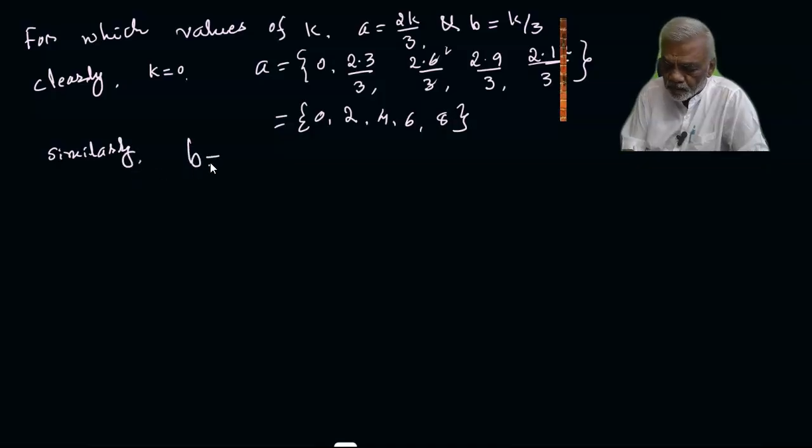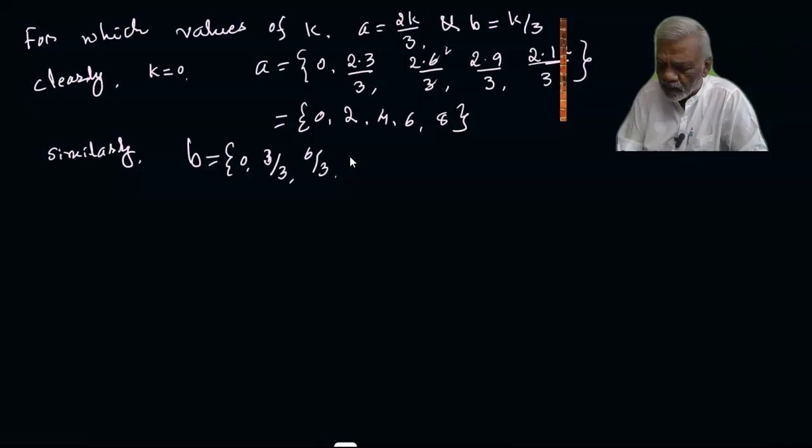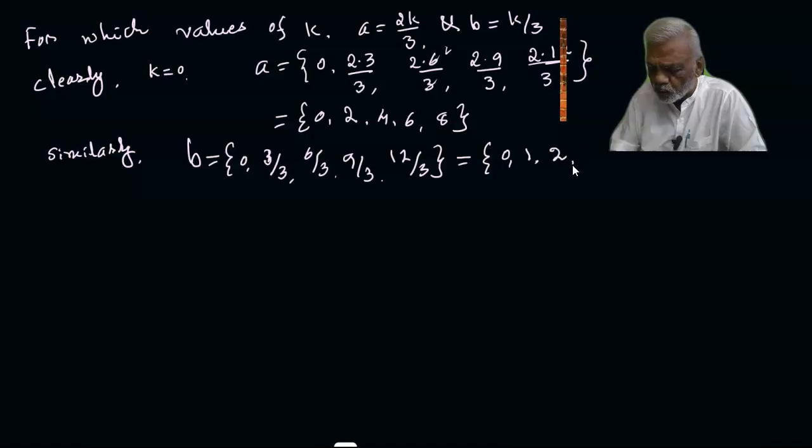Okay, similarly, B equal to 0, K by 3 means 3 by 3, 6 by 3, 9 by 3, 12 by 3, and that equal to 0, 1, 2, 3, and 4.